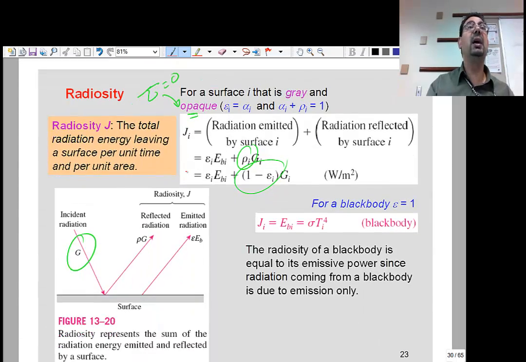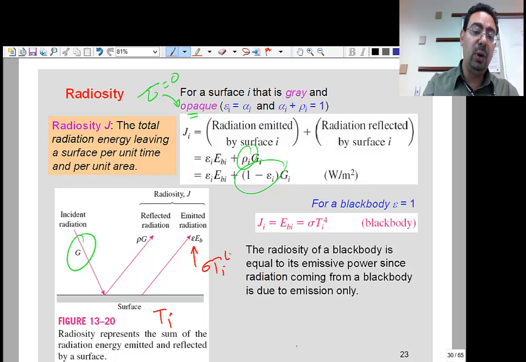So now let's look at the gray body, because that's what all the surfaces we deal with will be. We will deal with gray body, not black body. So what's the difference? The difference is, one, he will not radiate black body radiation. He will radiate epsilon multiplied by this. So if this temperature is sitting at Ti, his black body radiation is sigma Ti to power 4.